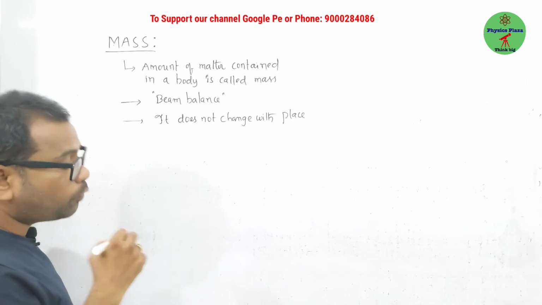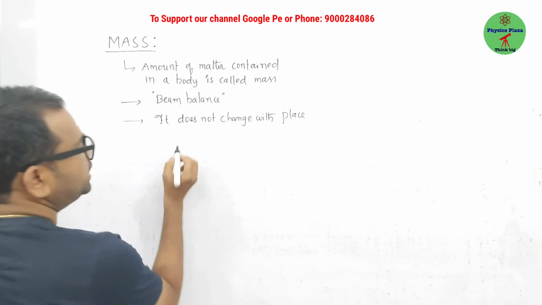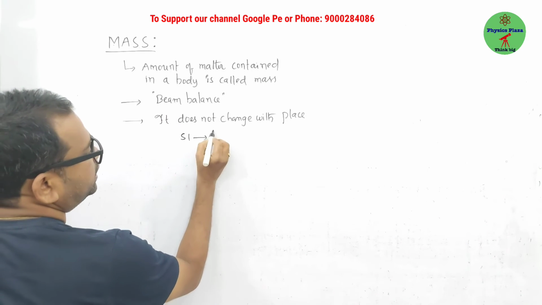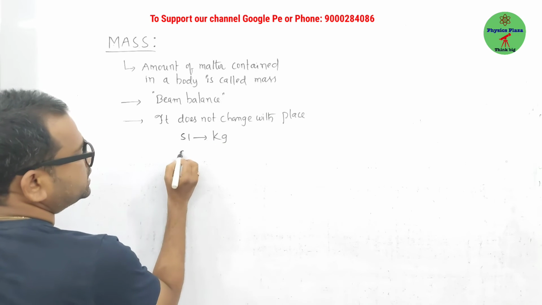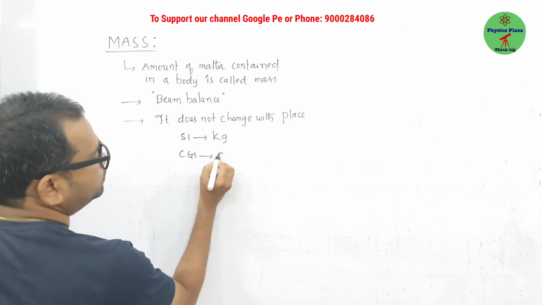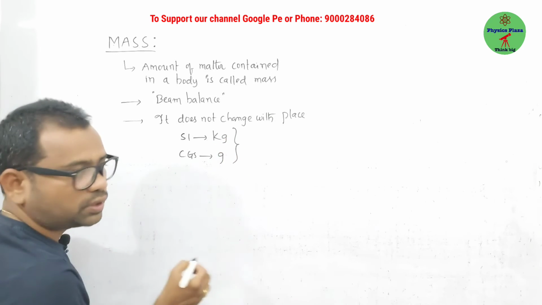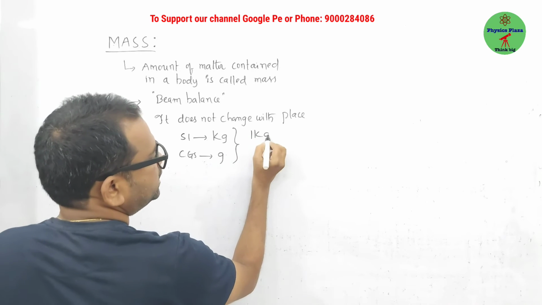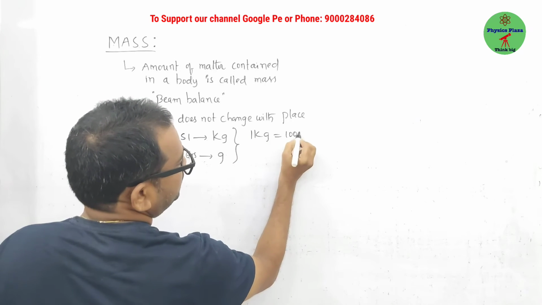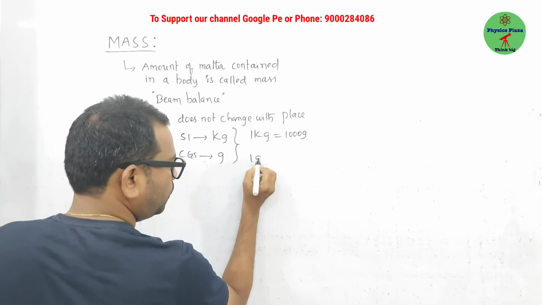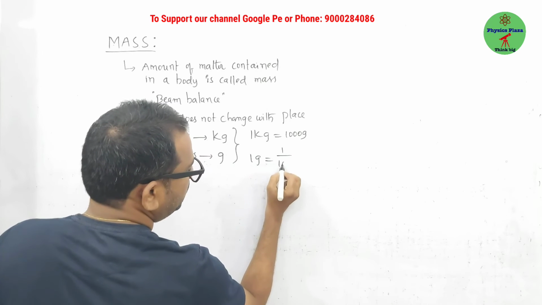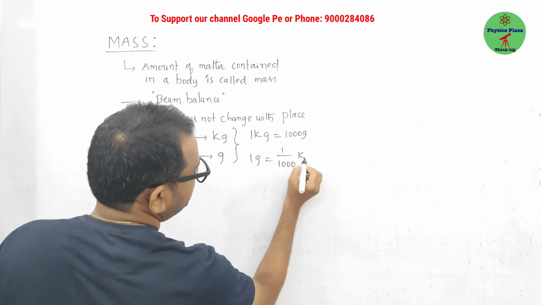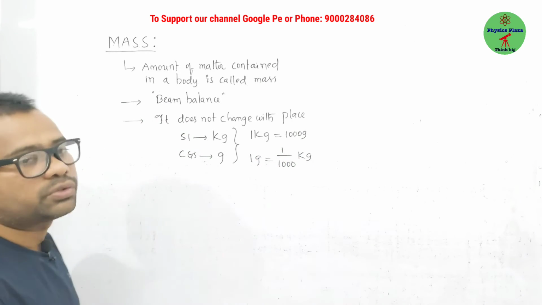Now, children, in what units do we measure the mass? SI unit is kg, CGS unit is gram. Dear children, do you know the relation between these two? 1 kg is equal to 1000 grams, or 1 gram is equal to 1 by 1000 kg.